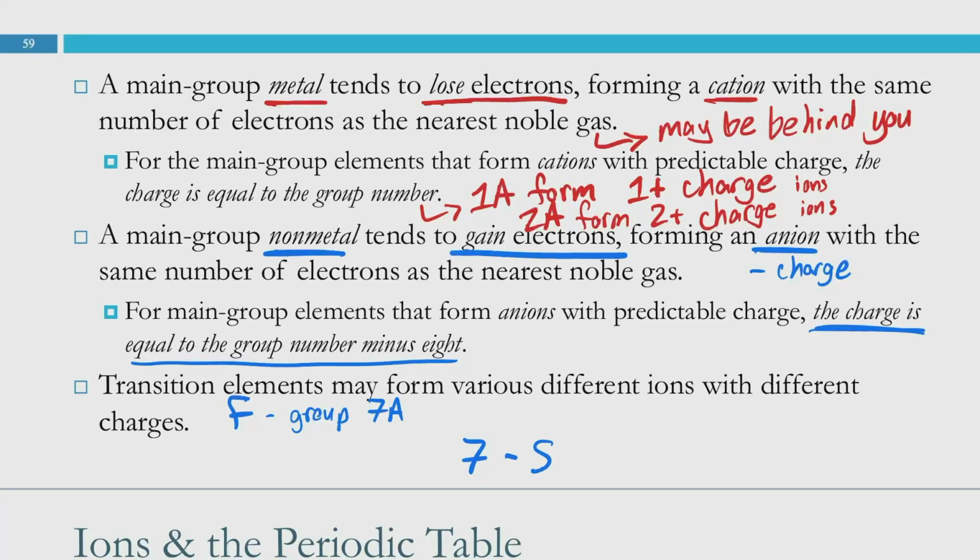So 7 minus 8 equals 1 minus charge. So it would be F minus. You can also just look at how many places you move over. Fluorine to the noble gases, you move over 1 place, 1 negative charge. Oxygen, you move over 2 places, 2 negative charge. Nitrogen, you move over 3 places, 3 negative charge.